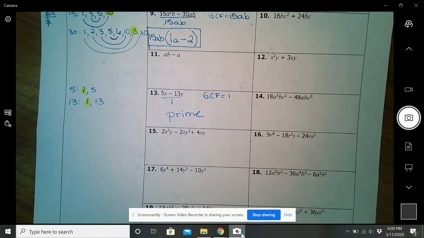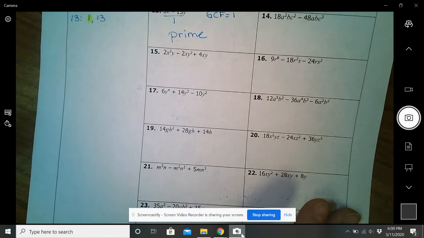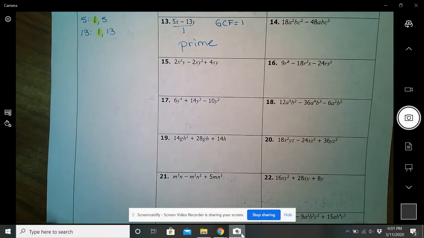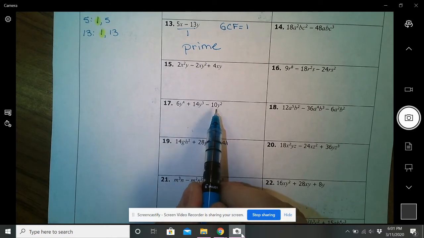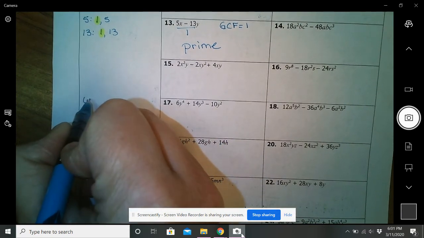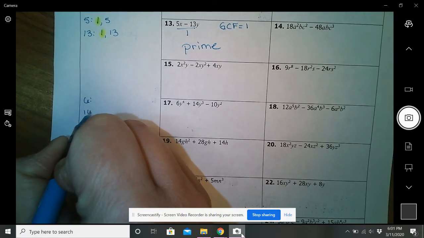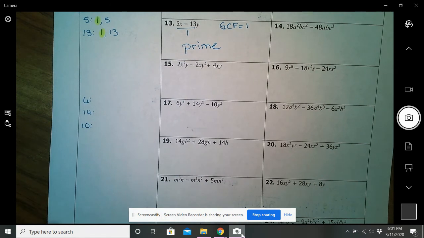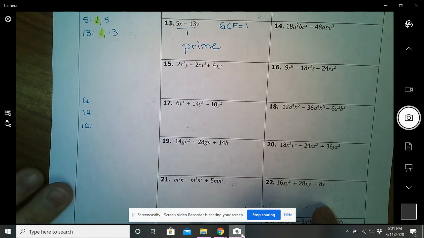Okay, one more example to do together. Let's come on down to 17. We need to factor out from 3 terms. So I need to find the greatest common factor of 6, 14, and 10. So I'm going to list out all my factors of each so it makes it clear to see what the GCF is.